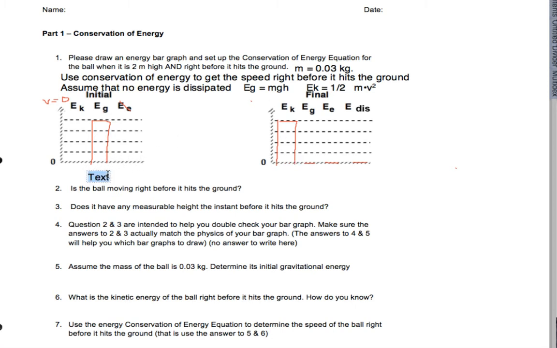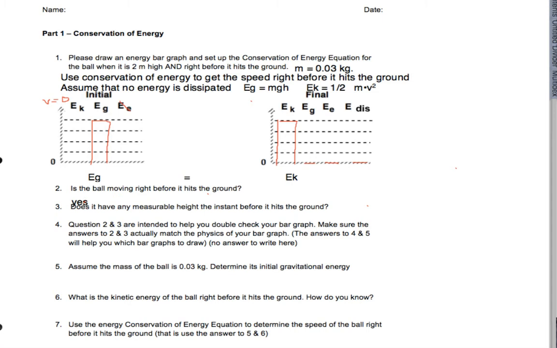So what we basically have here is Eg equals Ek. Now, I asked you a few questions here just to make sure you understood what was going on. So is the ball moving right before it hits the ground? Yes, it is. It absolutely is.